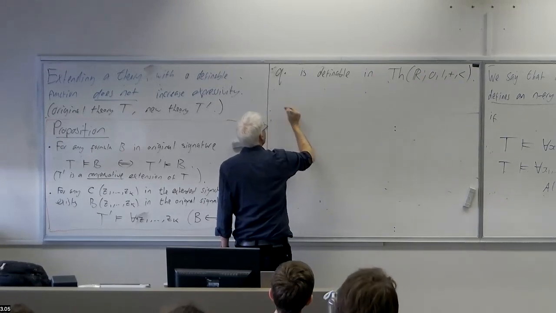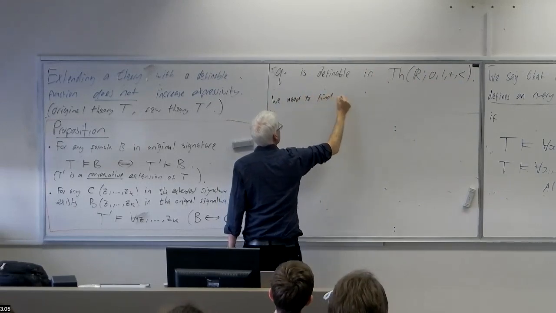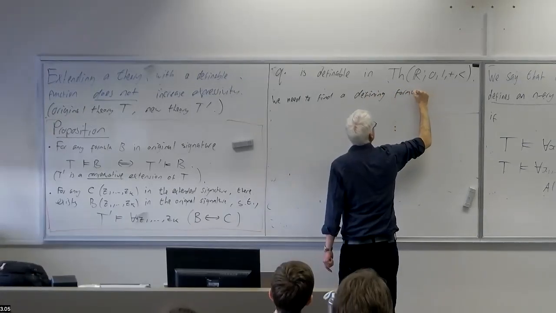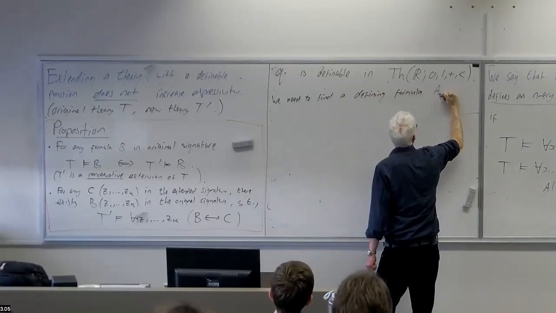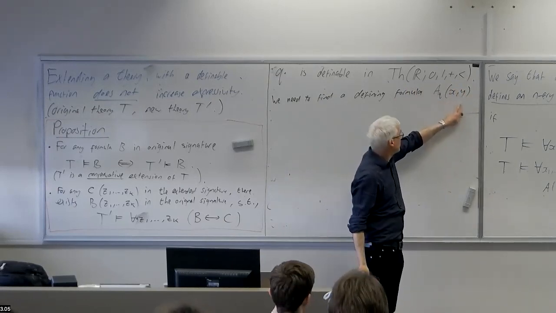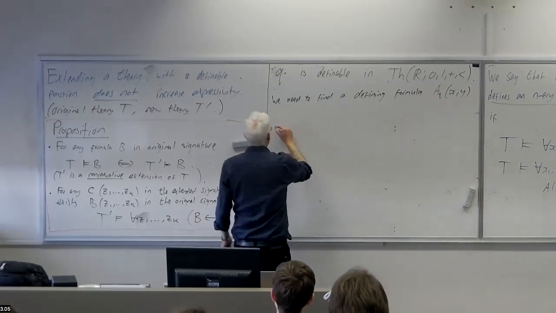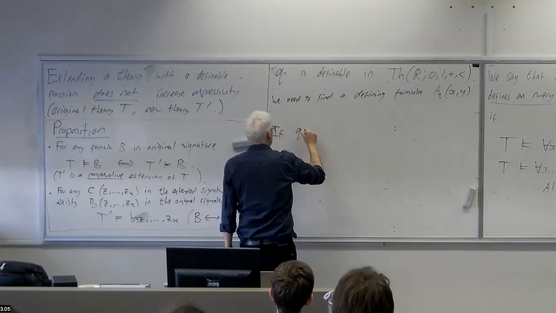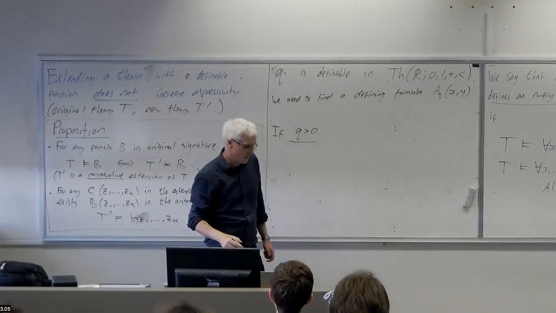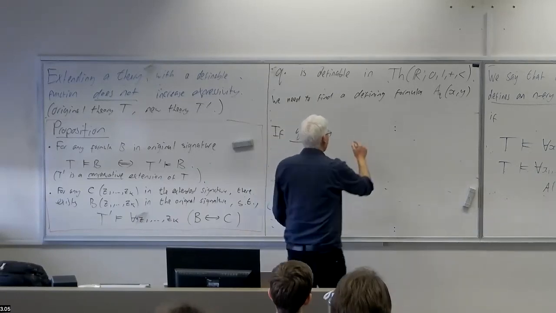Well, it's really easy. We want to find a defining formula, let's say A_q in two variables x and y, which is expressing the relation that y is q times x. And that's really straightforward. In the case that q is greater than 0, I'll leave the formula as an exercise, but it's so easy.